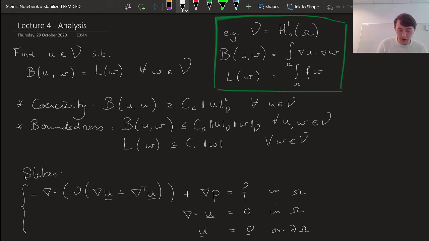A small thing to note here: we could rewrite this a little bit, with a change of notation, and make use of this being equal to twice the symmetric gradient of u, right? Remember that the symmetric gradient is equal to half of precisely what it says over there.